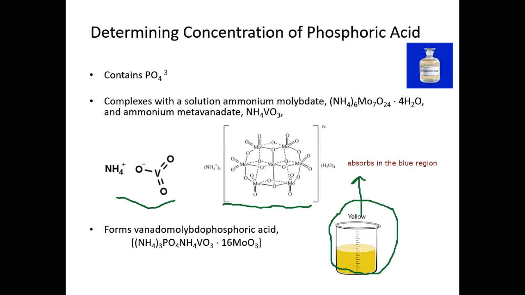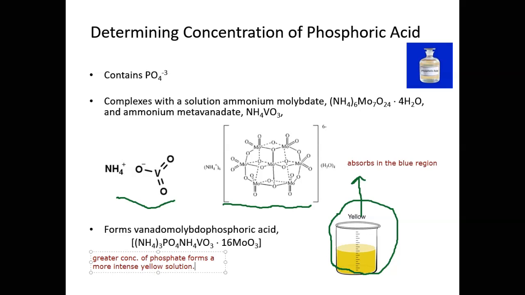The greater the concentration of phosphate leads to a more intense yellow solution. So the more phosphate you have, the more intense the yellow is, the more absorbance happens.